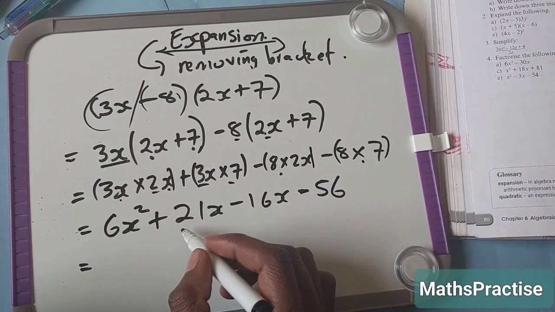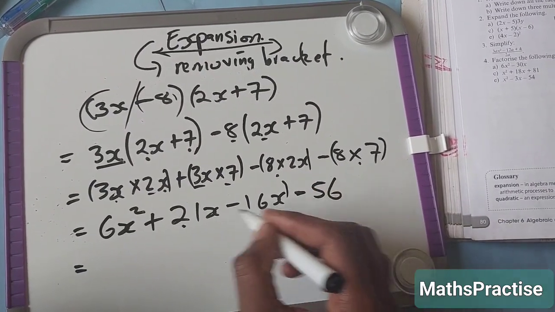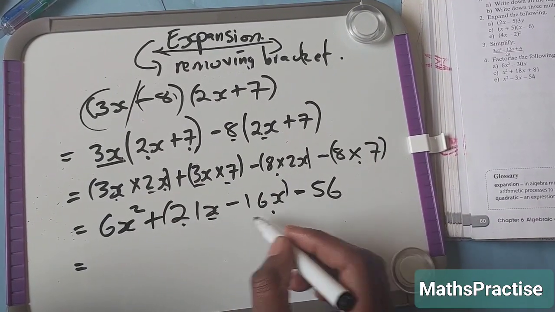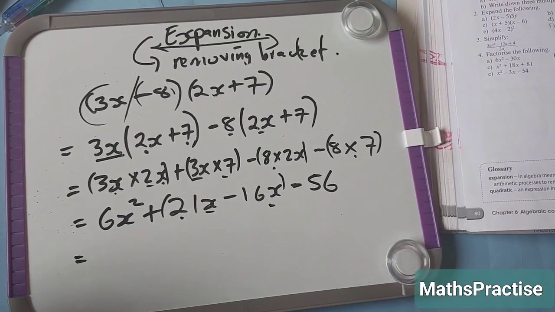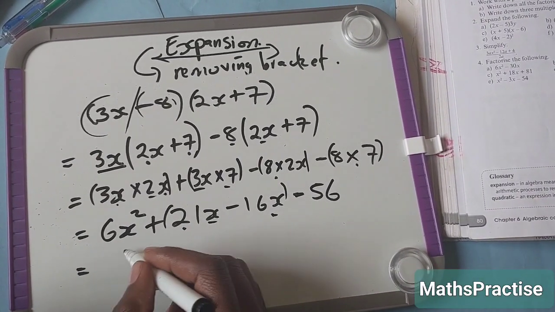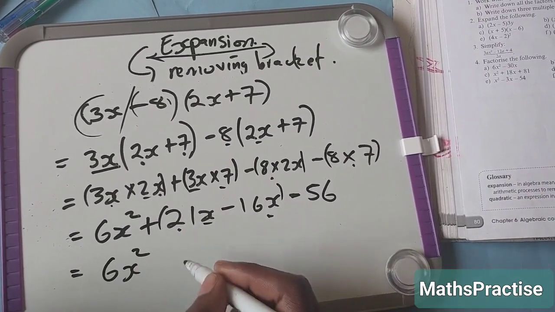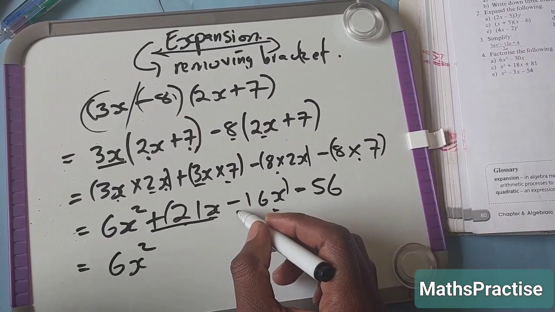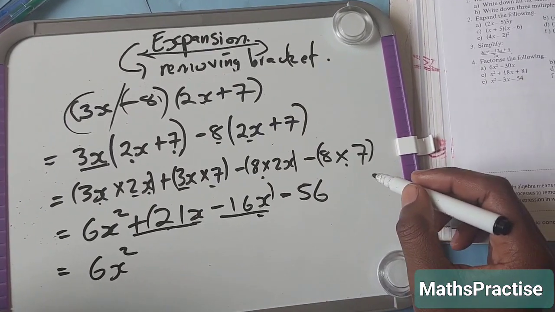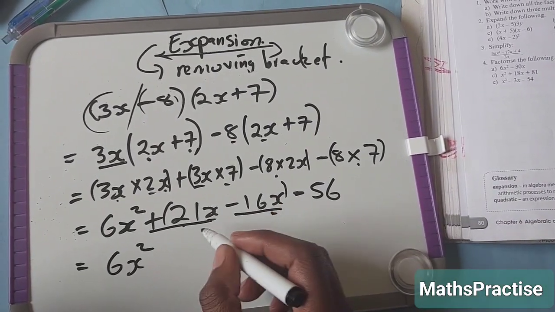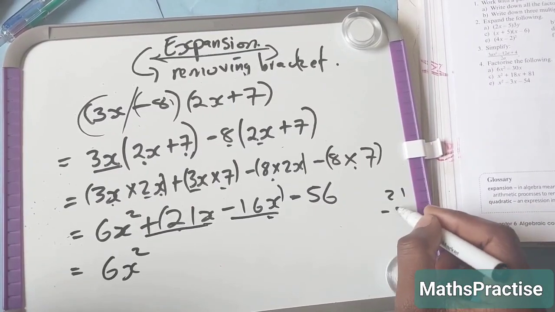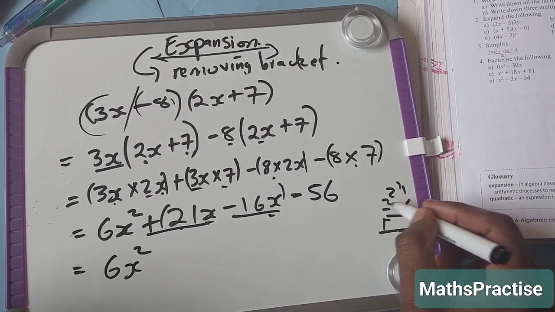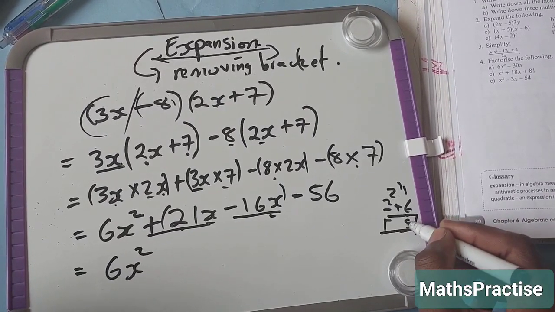Then we move on to simplify further by grouping like terms, and the like terms that we have are 21x and minus 16x. So if we come back, we say 6x squared plus 21 minus 16x, that's 21 minus 16, it gives us 5.